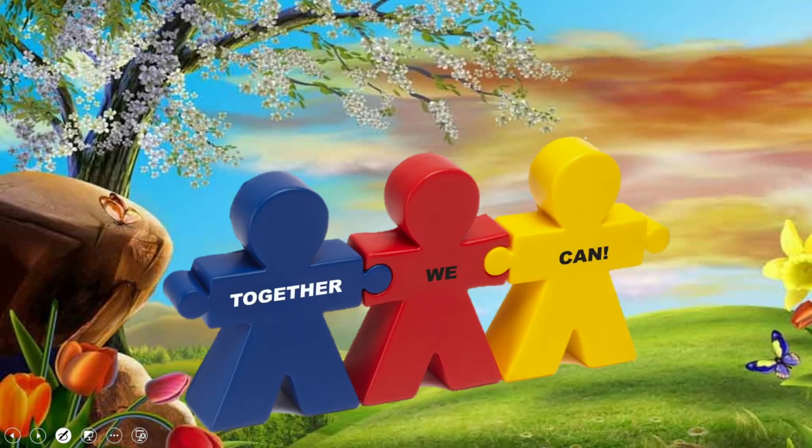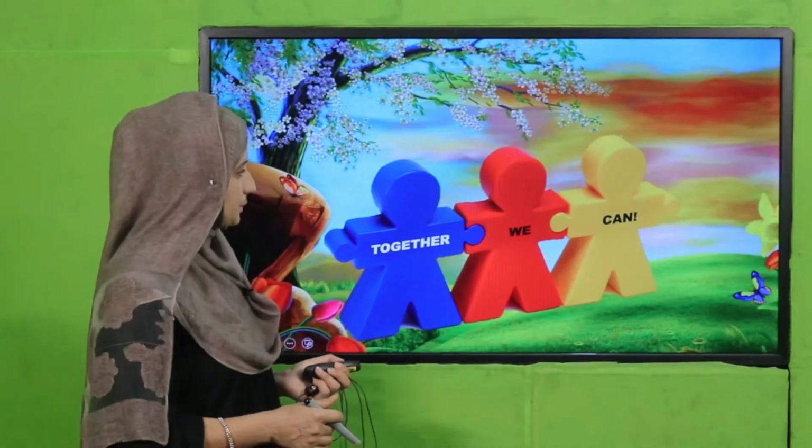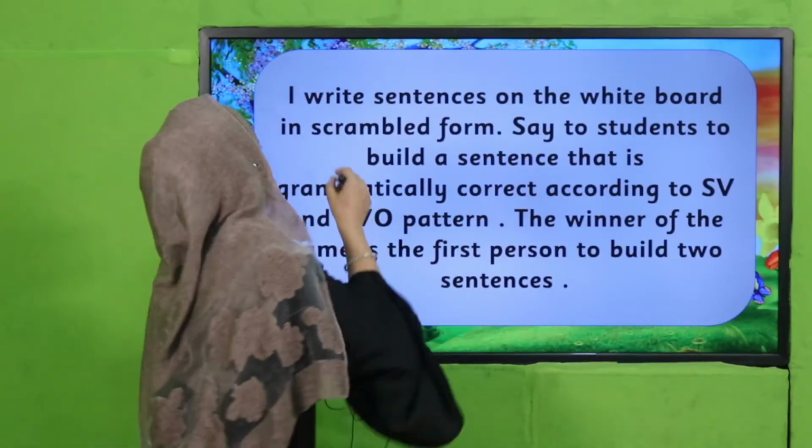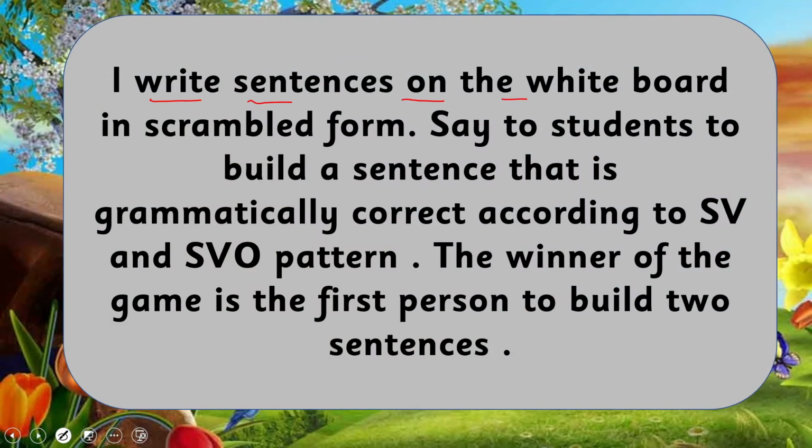Yes, my dear students, now it's activity time. Let's learn with fun. Write sentences on the whiteboard in scrambled form. Tell students to build a sentence that is grammatically correct according to the SV and SVO patterns.